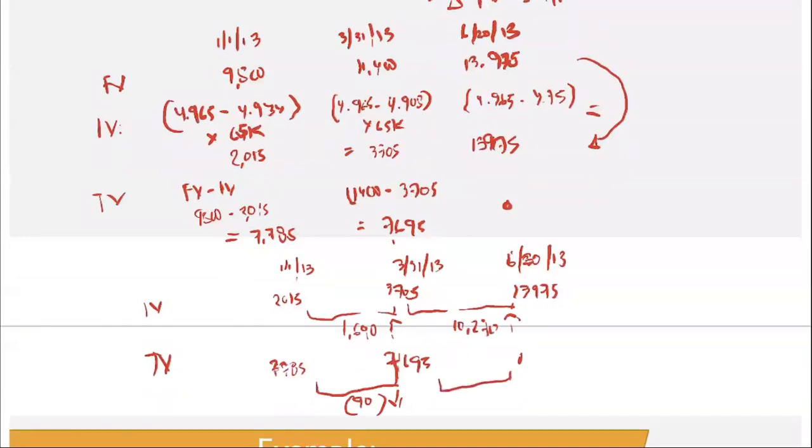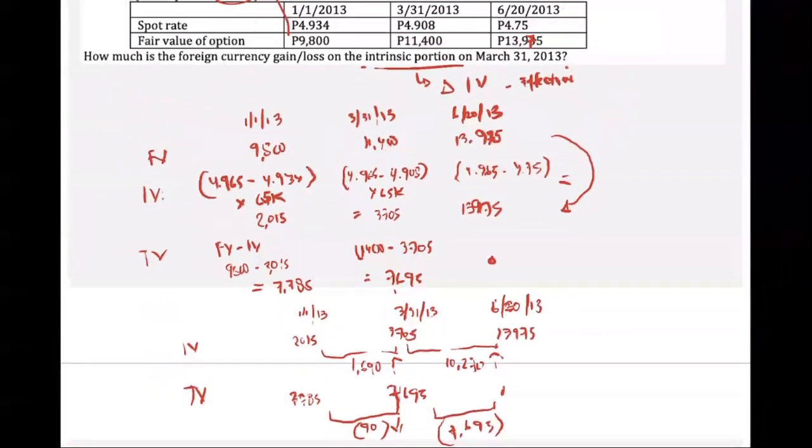And then here, we have a loss of 7,695. Okay, that is how we compute: strike price less spot rate for our intrinsic value, and for time value, we have your fair value less intrinsic value.